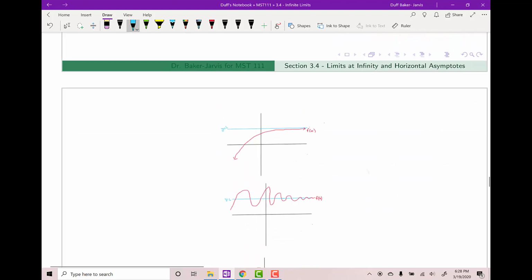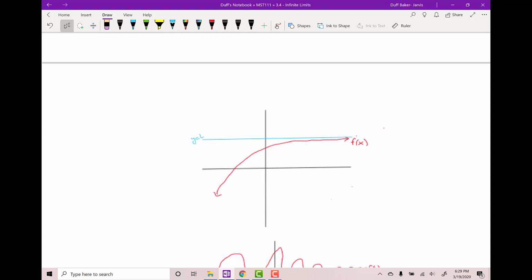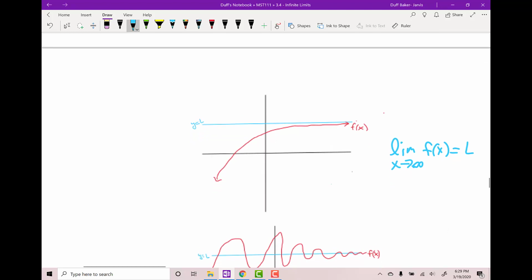So here are some examples. In all of these examples, we have that the limit as x goes to infinity of f of x is L, where L is the value of the blue line. In this first example, f of x just approaches it from beneath.